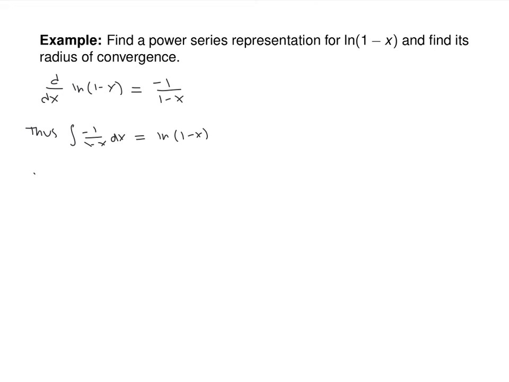So ln(1 - x) is equal to the antiderivative of -1 over 1 - x, and you can find a power series representation for that.